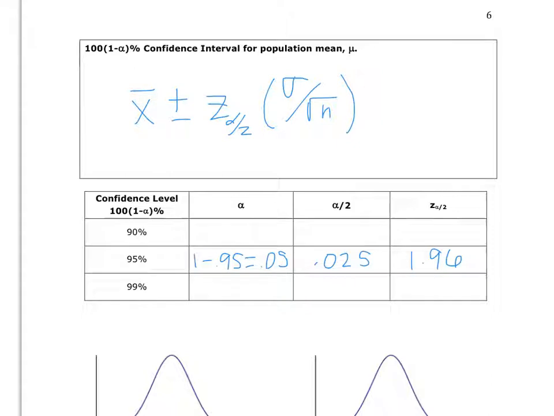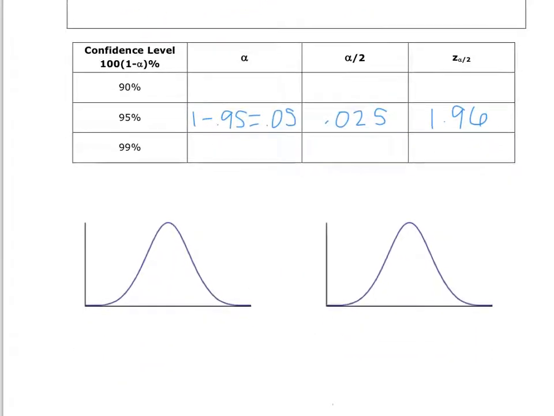Let's look at the 90% confidence level. So we want area of 0.9 in between those two z-values. And because that's 0.9, that means that alpha is 1 minus 0.9, so it's 0.1.